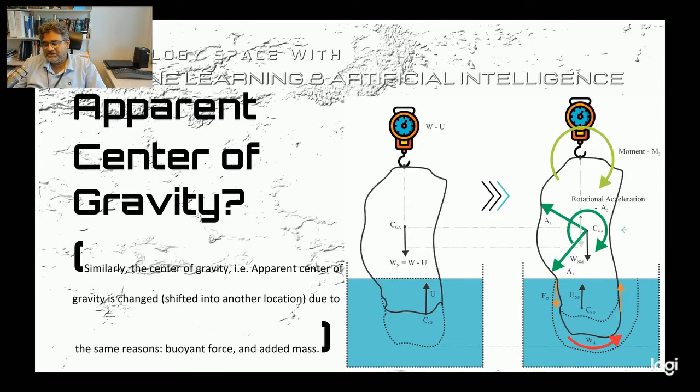Since the weight is changing, the mass distribution will also vary accordingly. So the outcome would be that the center of gravity position could change due to this mass distribution change, caused by the rotational motion of the rigid body itself.